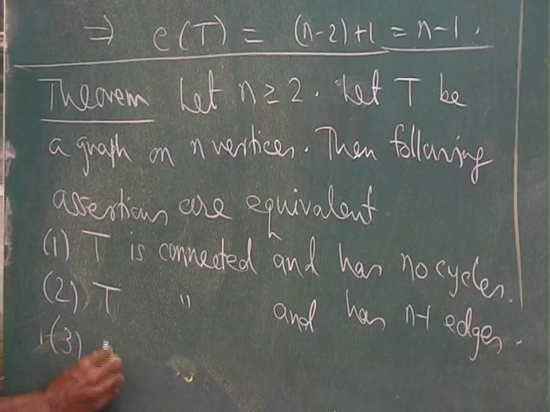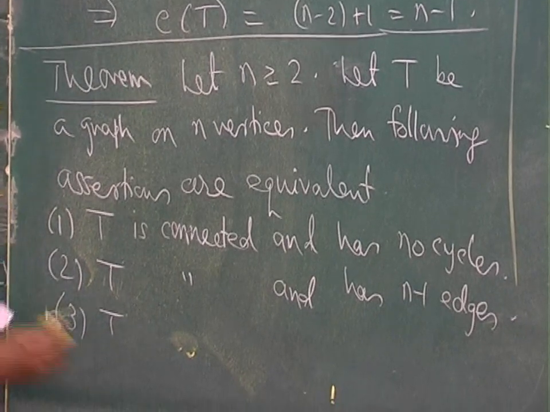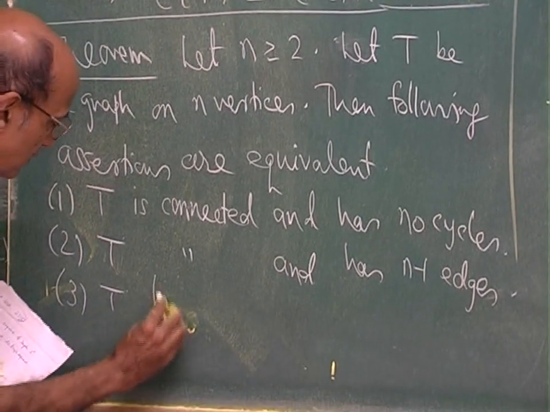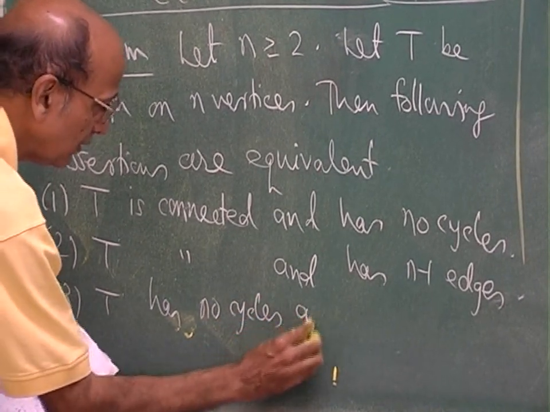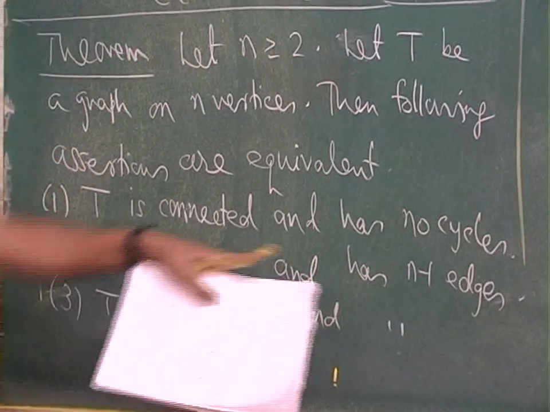Three, T has no cycles and has n-1 edges.